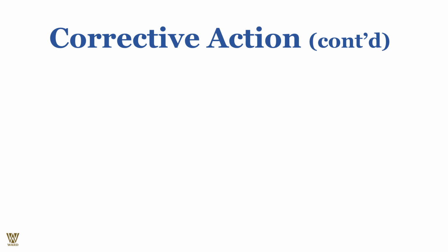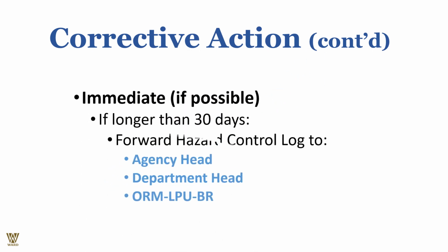Now, if a hazard cannot be corrected, let's say within a month you have detected a hazard but it still has not been corrected, forward a copy of the hazard control log or any documentation with an explanation of the action taken to the head of the company or agency, the head of your department, the Office of Risk Management, ORM, or the Loss Prevention Unit, and they will get back to you.